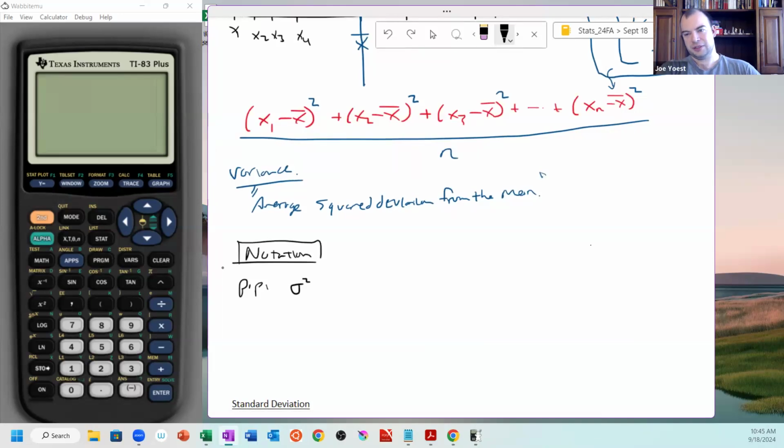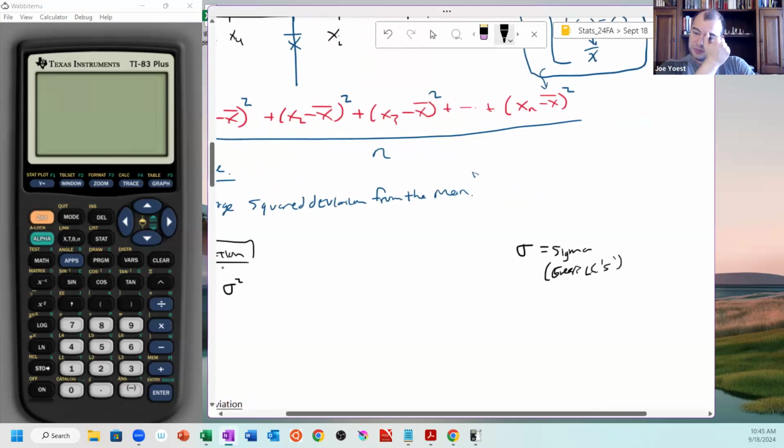This notation is using the Greek letter sigma. This is the Greek lowercase s, one of the two Greek lowercase s's. You might be familiar with the Greek capital S. The Greek capital sigma we use for things like summations.